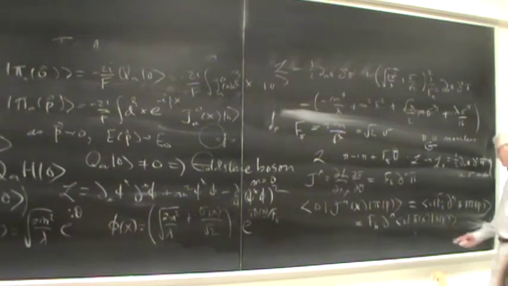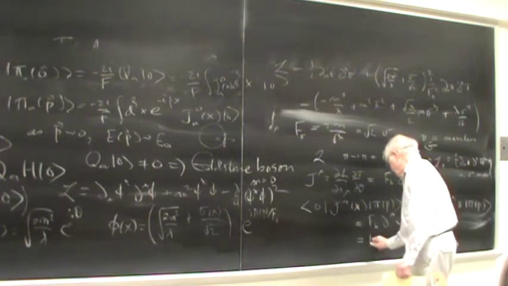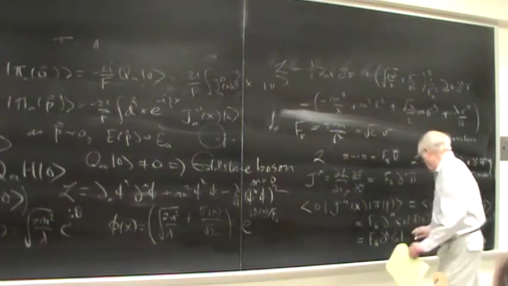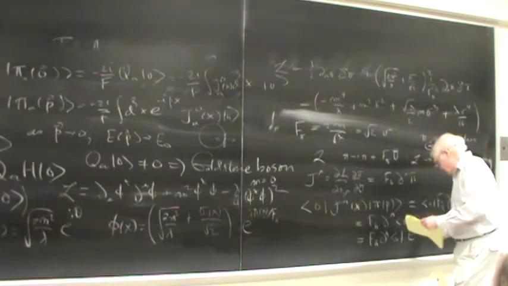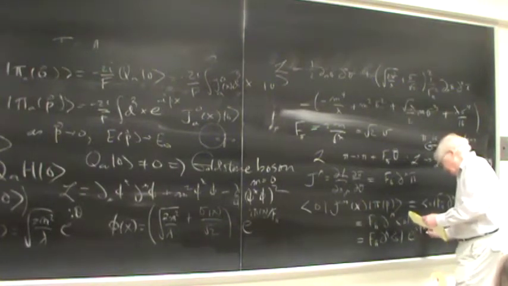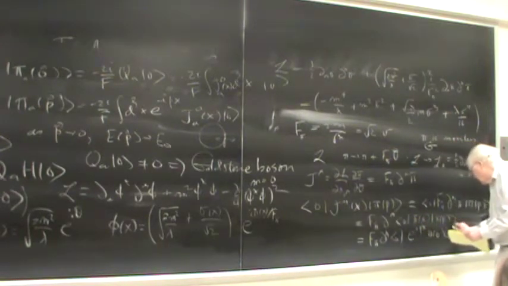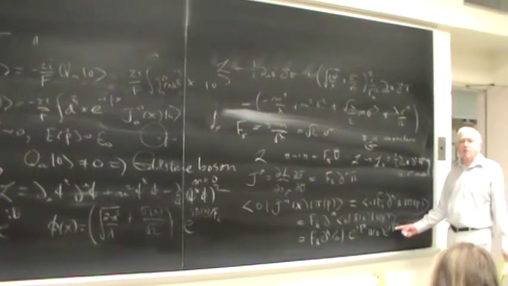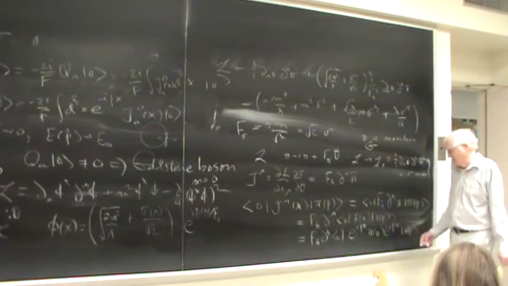And on the other hand, pi of x, it's generally true that, again, we've got Schwarz's metric and so forth to deal with. Let me just say that this is e to the I px pi of 0 e to the minus I px pi of p. These p's are momentum, four momentum operators, Hamiltonian and momentum.